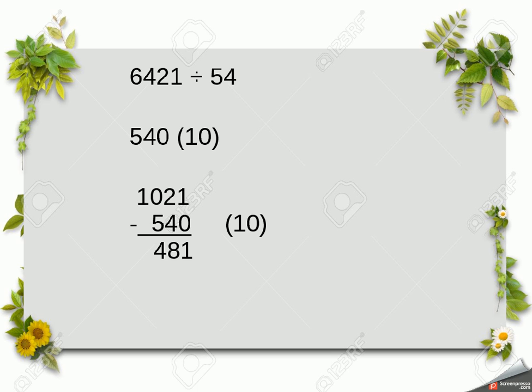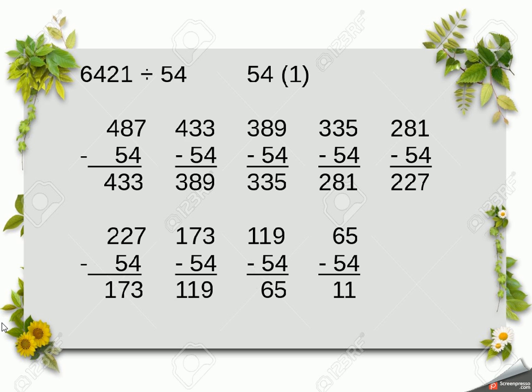And now, because that 481 is less than 10 times the number we're dividing by, we now have to go to just taking away 54 each time. Now, the good thing is, because we've been taking 10 lots out, the maximum number of times that we'll be taking our number out at this stage is 9 times.